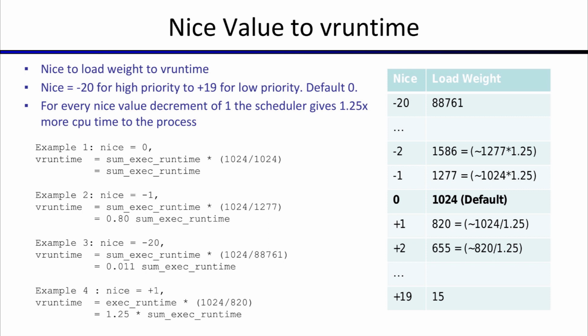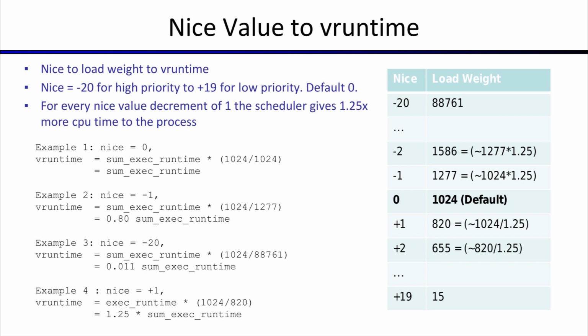For every nice decrement, there is a formula on how it calculates the load. So for every nice value decrement of 1, the scheduler will give it 1.25 times more execution time on the CPU. And there is a table, and on the right I've put that table, and it is roughly 1.25 times, and the math goes a little off here. But ultimately it derives these values on roughly that number. So in the right table, you can see that for 0, you have 1024.